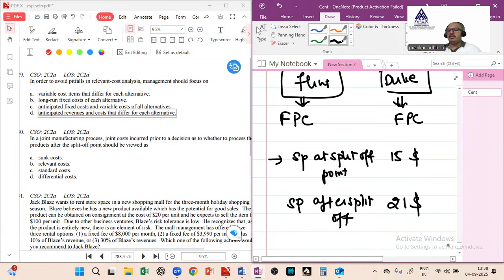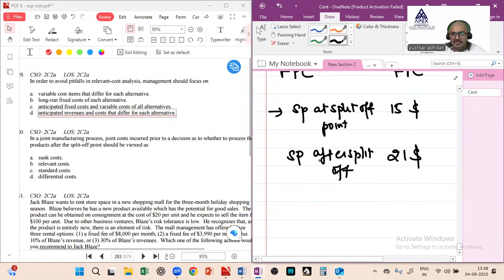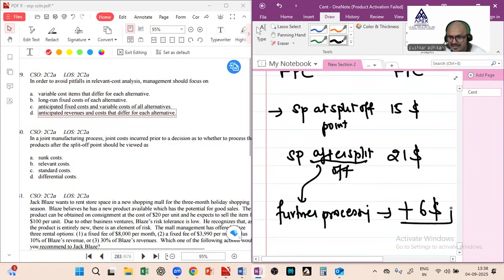So after split off means you have done further processing. Now further processing has given you $6 extra of revenue. Please try to understand. Earlier how much were you getting? Now how much are you getting?